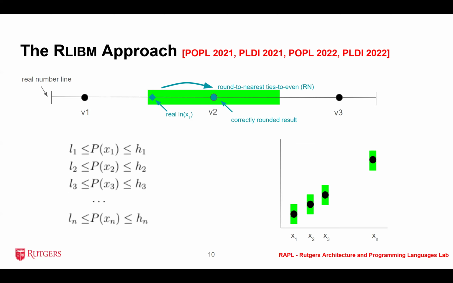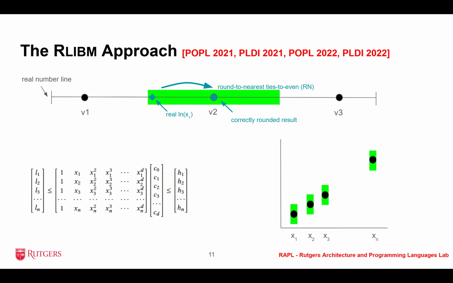So the bounds on these intervals can be thought of as linear constraints on the expected outputs of the desired polynomial. RLIBM encodes these constraints into a system of linear inequalities, and in doing so, it transforms polynomial generation into a linear programming problem. It then uses an LP solver to identify the appropriate coefficients that would allow the final polynomial to produce values within the target rounding intervals.